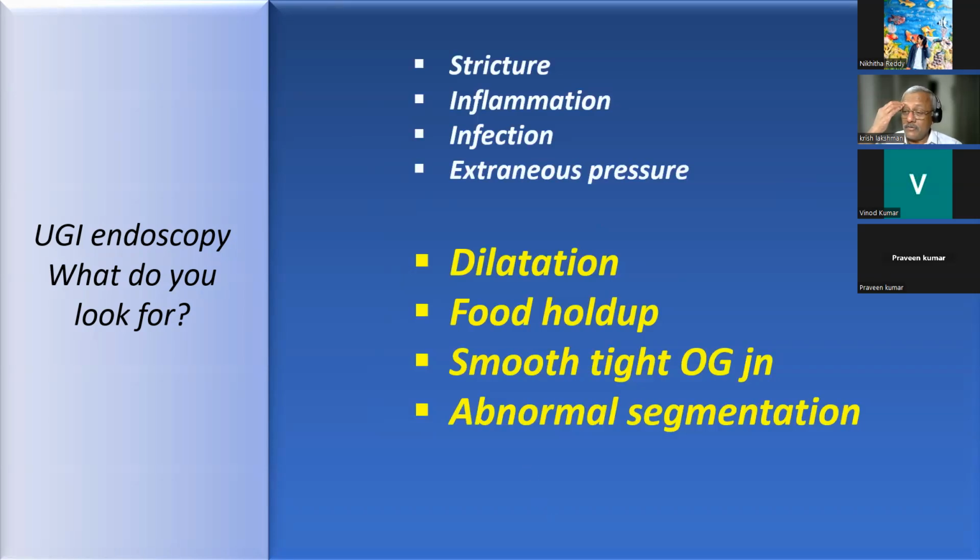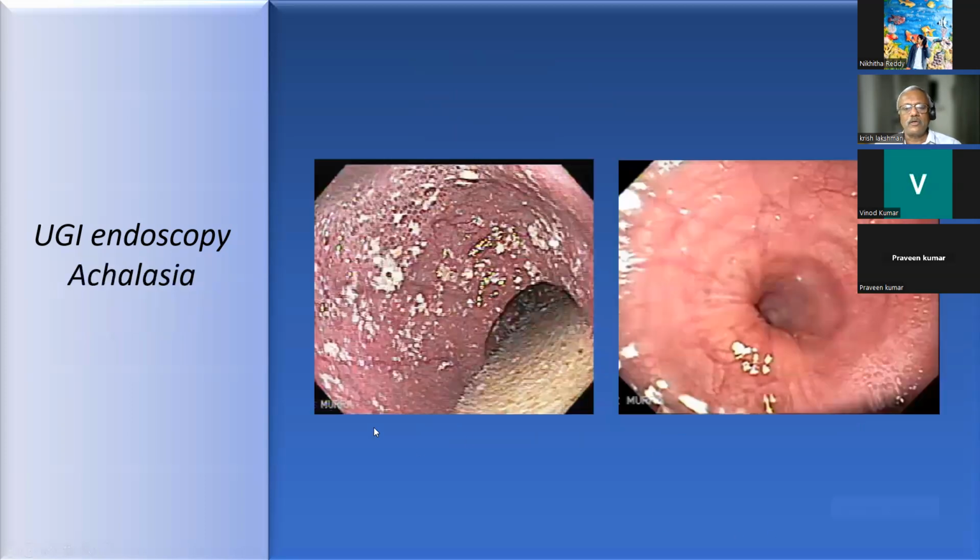If you do an endoscopy, you would not see peristalsis in any big way. But in a hyperperistaltic esophagus, you can get abnormal segmentation. So these are the things that you look for. And I'll show you some typical pictures. Some of them are my own, some of them are borrowed.